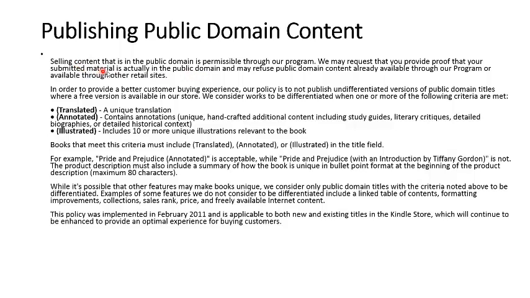Notice that it says selling content that is in the public domain is permissible through our program. Now, this is Amazon, and so most of the stuff that you would publish would be at Amazon Kindle. It says we may request that you provide proof that your submitted material is actually in the public domain and may refuse public domain content already available through our program or available through other retail sites.